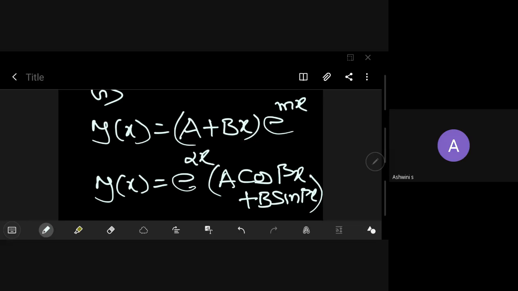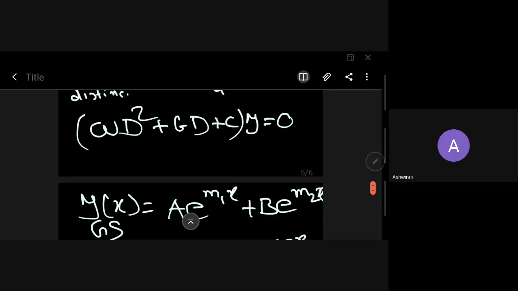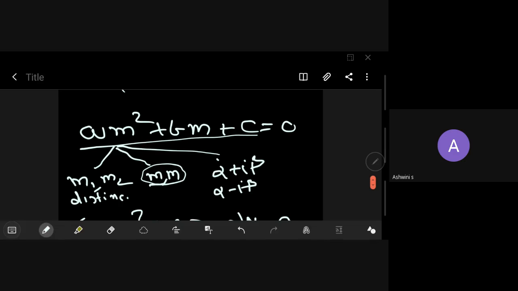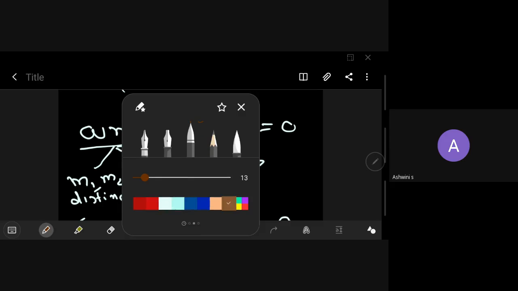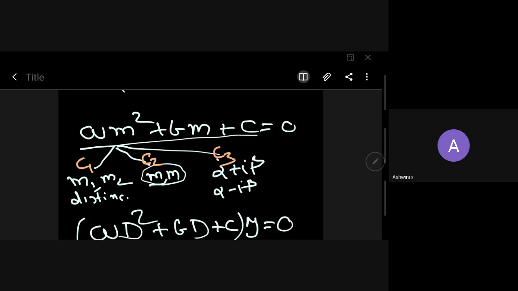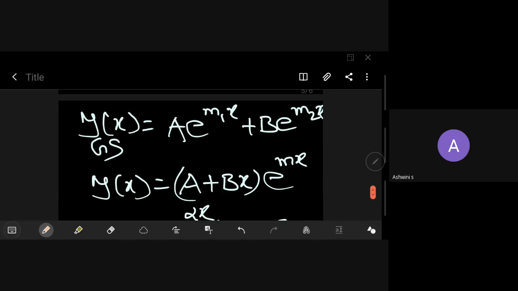So we need to remember these three cases. This is case 1, this is case 2, this is case 3. In that context, we have here the answers for all the cases.